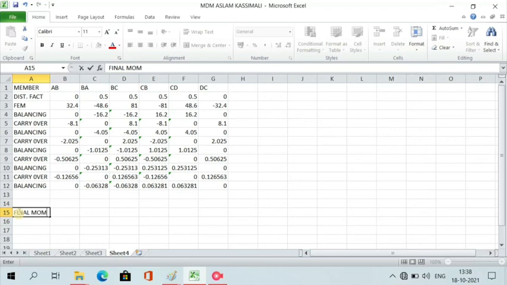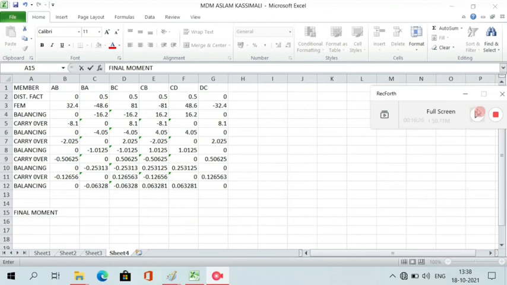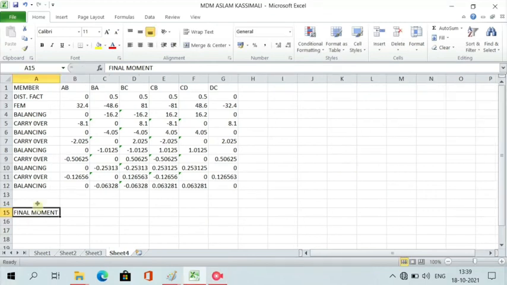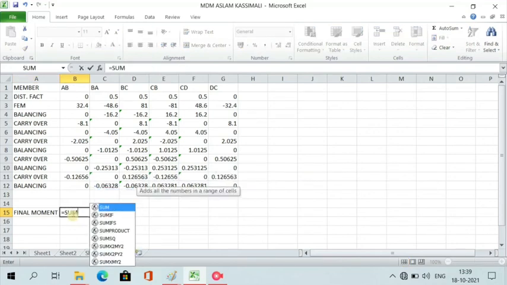So I will be summing the final moments. Now I will be adding this column. From row number 3 we have to add till row number 12. So we will get the final result.